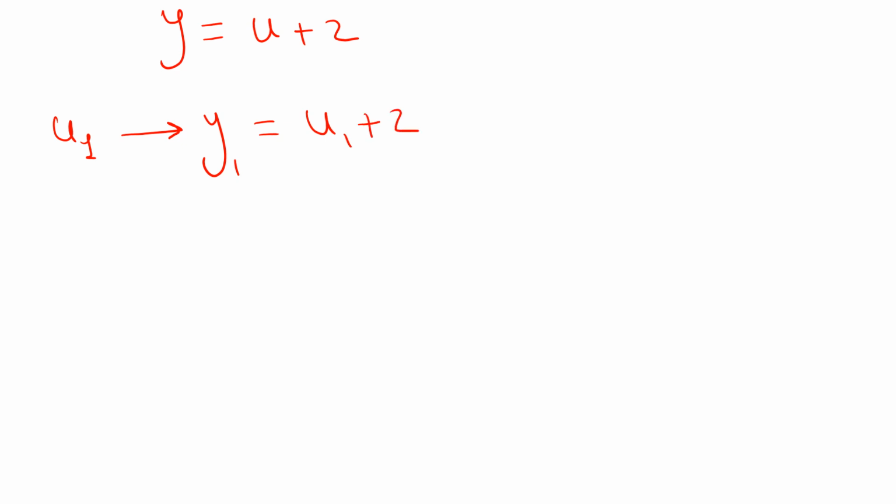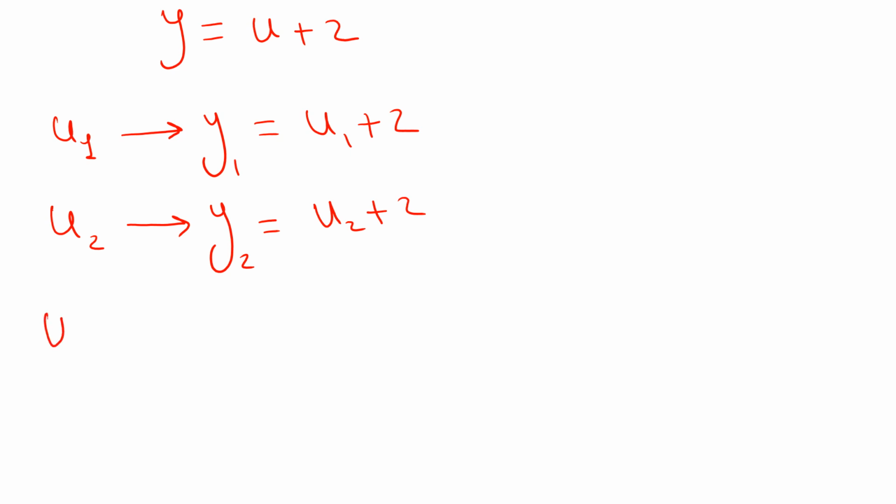Our system input-output equation is given as y equals u plus 2. Now let's assume that I have an input u1. The corresponding output y1 according to this equation would be u1 plus 2. Let's assume that I have another input u2. According to the input-output equation, the output y2 equals u2 plus 2.